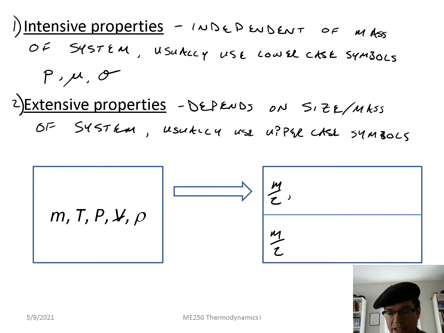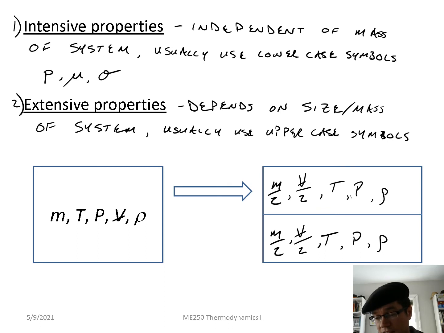It has 1/2 of the volume of the apple in one half, and 1/2 of the volume of the apple in the other half. However, the temperature of 1/2 of the apple versus the other half hasn't changed. The pressure of 1/2 of the apple versus the other half hasn't changed, although it's a little bit weird to think about the pressure of an apple. The density also has not changed.